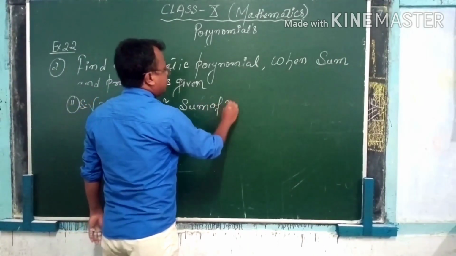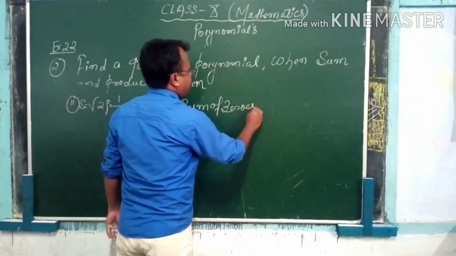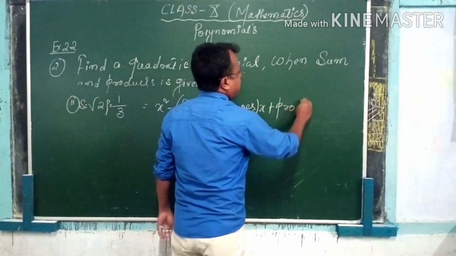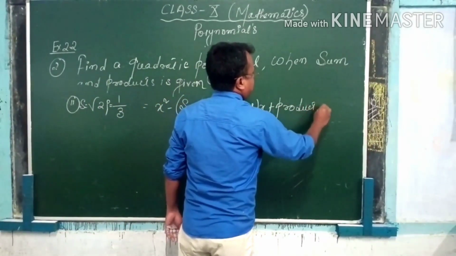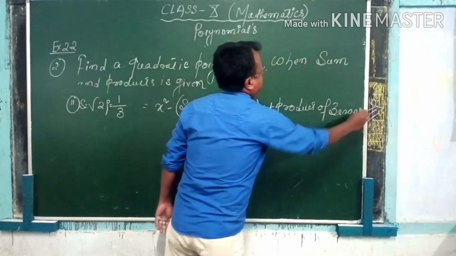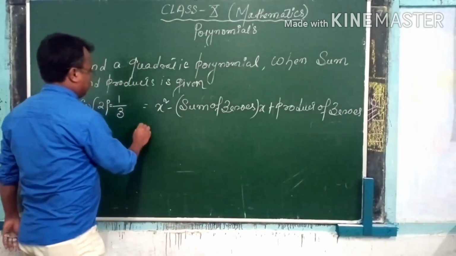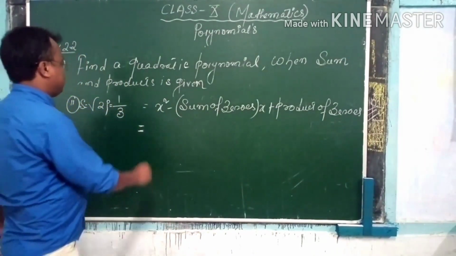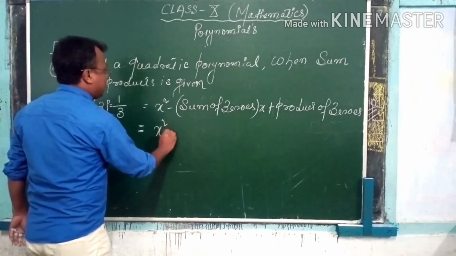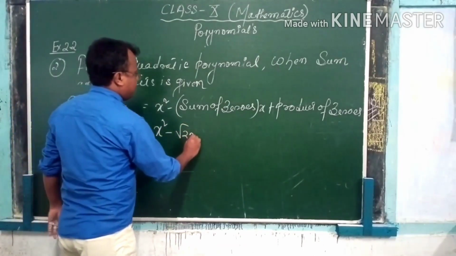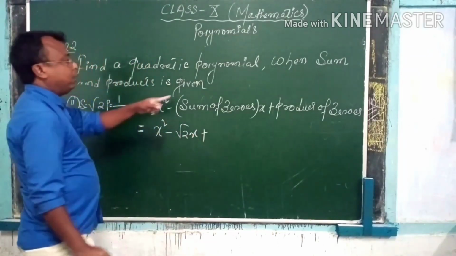Quadratic polynomial is x square minus sum of zeros x plus product of zeros. So x square minus, what is the sum here? Root 2x, plus what is the product of the zeros?